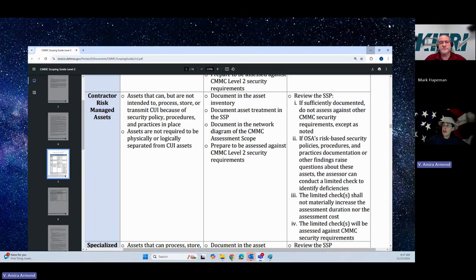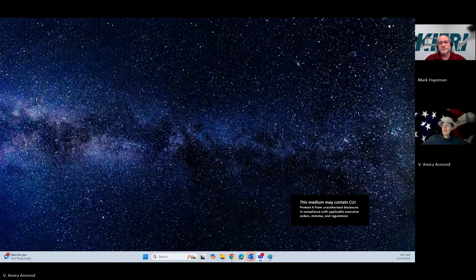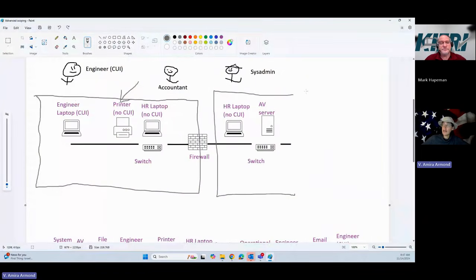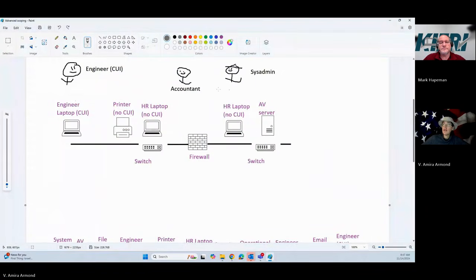All right, so let's look at this little diagram here. What would be CRMA in this diagram? Well, it definitely can't be this engineer because they're meant to store, process, or transmit CUI. It definitely can't be this engineer's laptop because, again, it's meant to, right?